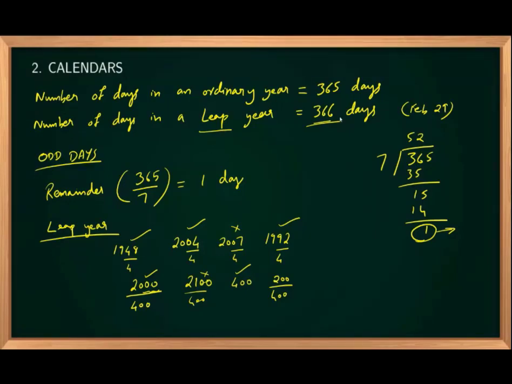If it is divisible by 4, it is a leap year, otherwise not. For century years, dividing by 4 does not work. For that, divide the whole year by 400. So we can conclude that multiples of 400 are leap years.